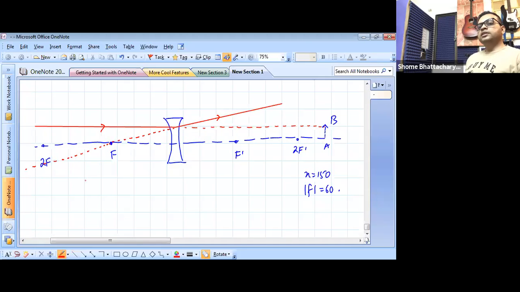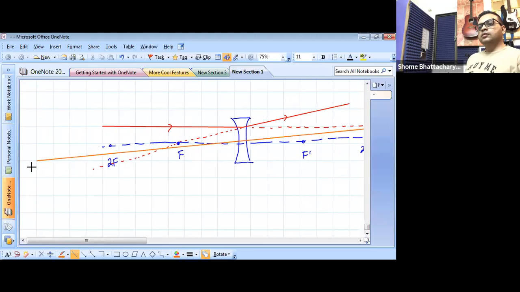And let's understand another ray which is aimed at the point B. What happens? That goes undeviated through the pole. So this ray is undeviated.